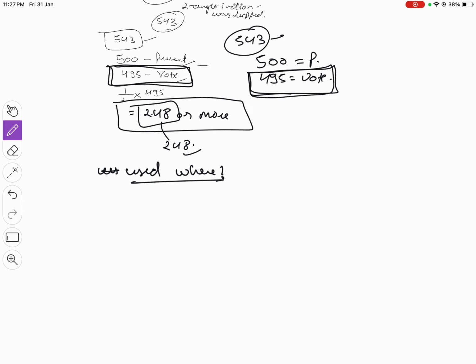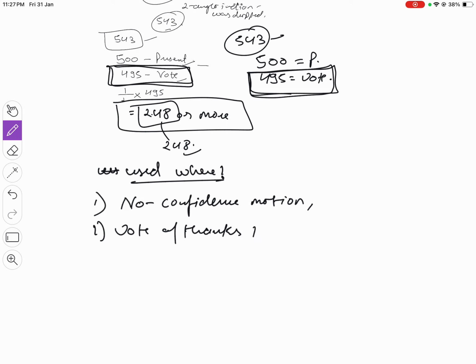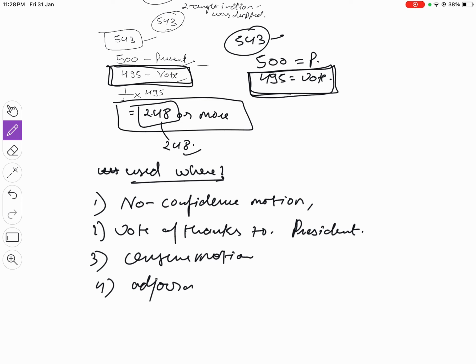For the passage of a no confidence motion, a vote of thanks to the President's address, and a censure motion. Fourth comes the adjournment motion. So these are some motions where you need simple majority.